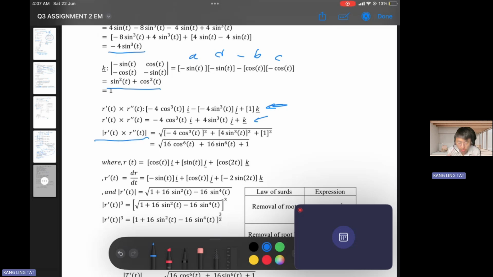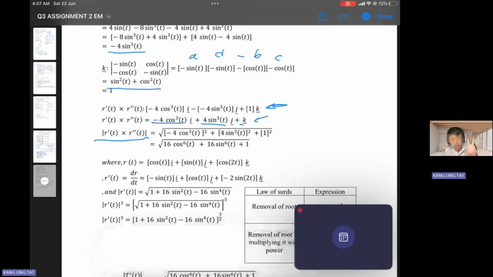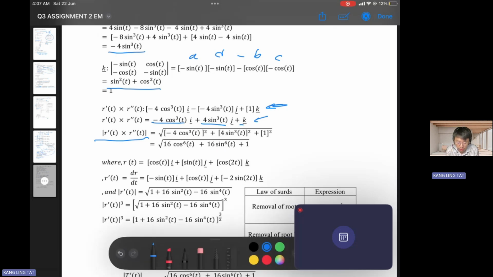So we just need to pull out these coefficients of i, j, and k, which is going to be 1 for k, and then each of these components will be squared, and the sum of it will be, so basically the square root of the sum of each component squared. Sorry, not square root. It will be a cube. Sorry, not cube. It will be squared.